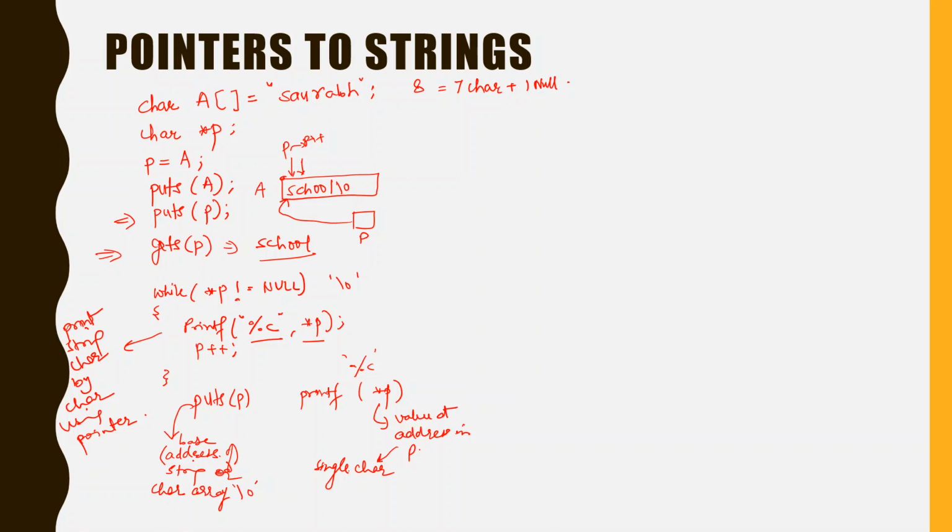So as we have seen, p has taken the base address of a, so writing puts a and puts p are equivalent to each other. If you want to print with the help of the array, you can use puts with the name of the array, and if you want to print with the help of the pointer, you can directly use puts with the name of the pointer.